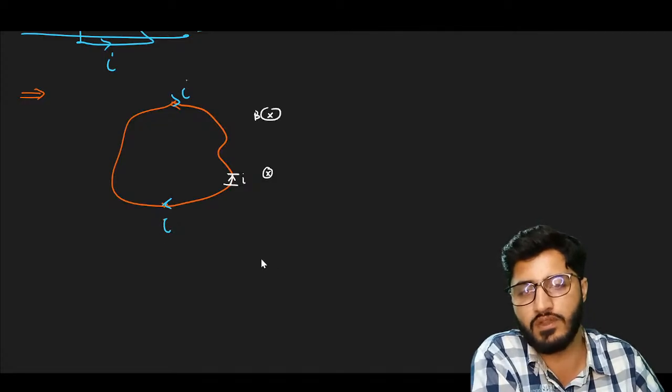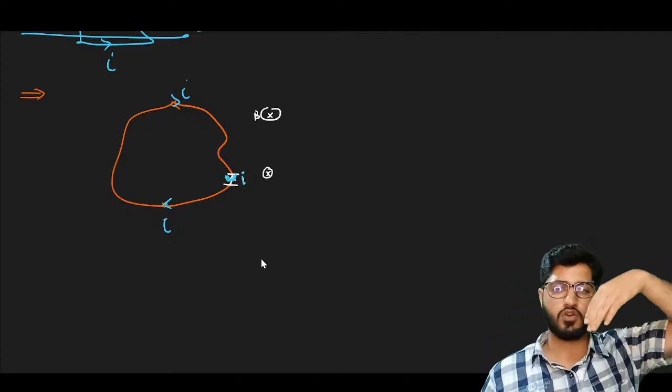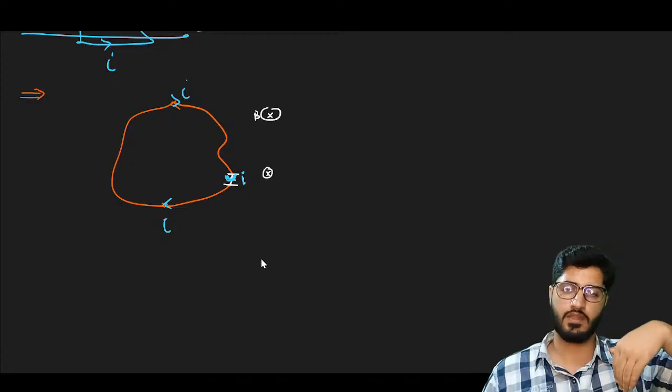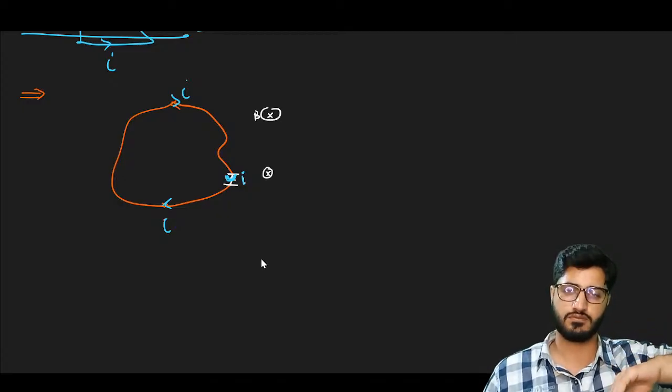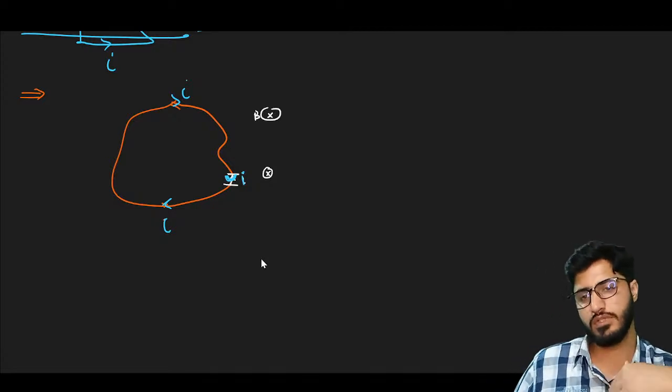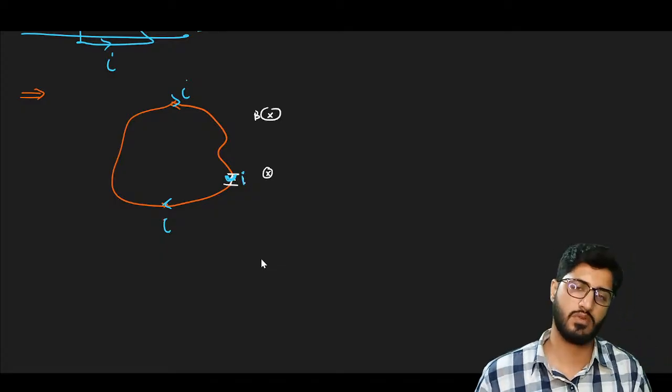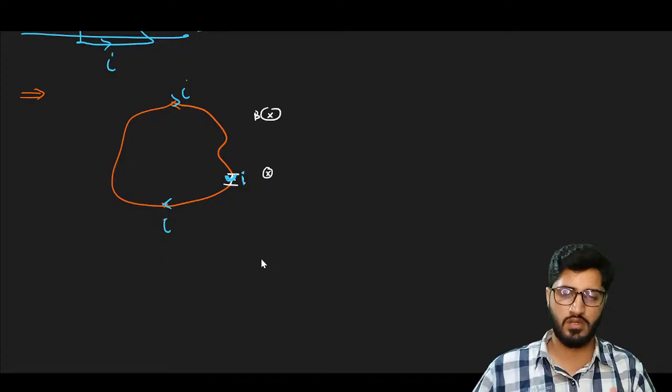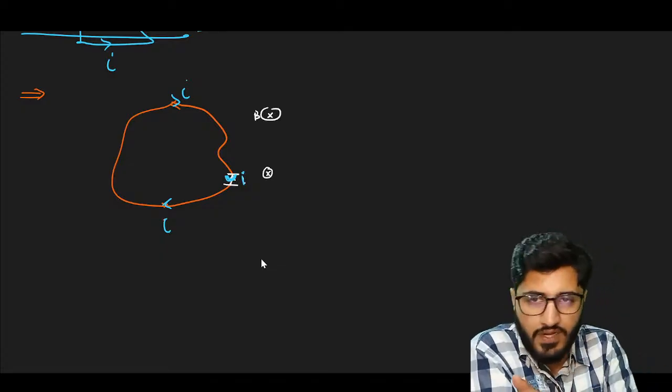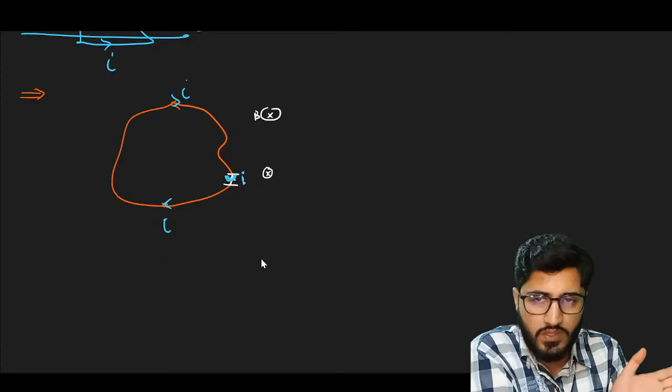I cross B, it is I, B. So if current is going this way, magnetic field inside, it will be in this way now.